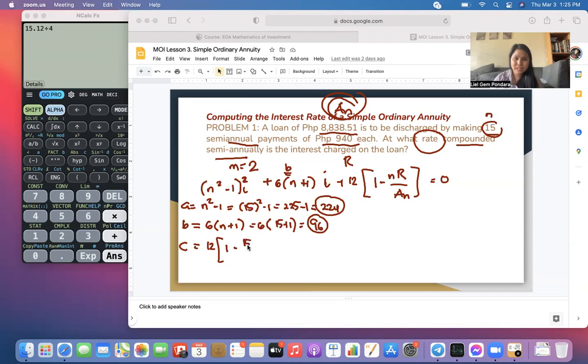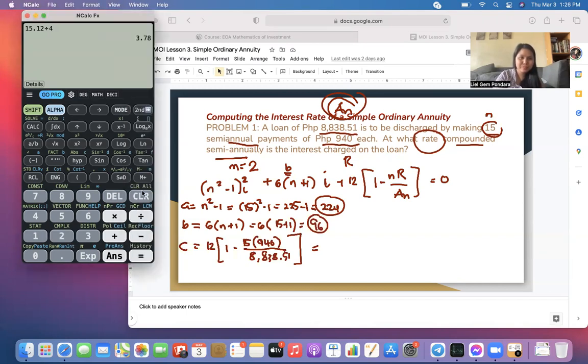Our N is 15. Our R is 940 over A sub N, 8,838.51. Let's use our calculator first.